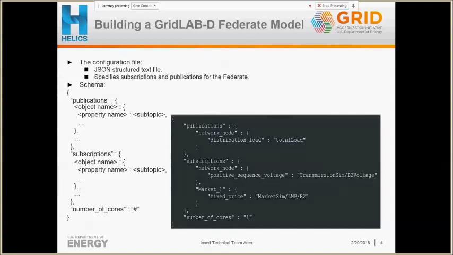It has to do with setting up your core init string, and for most cases, this is always just going to be 1, as in there's only 1 core per GridLAB-D federate, and for most of our use cases, that is the case.